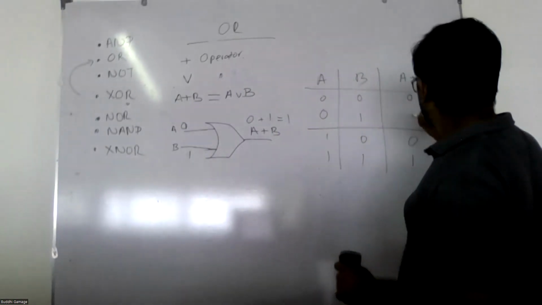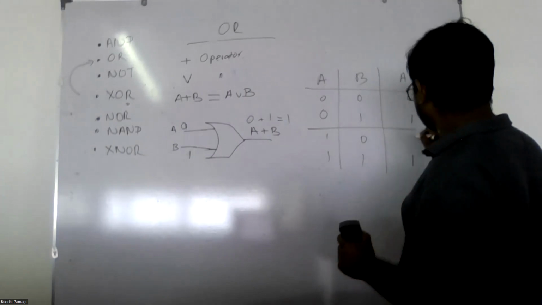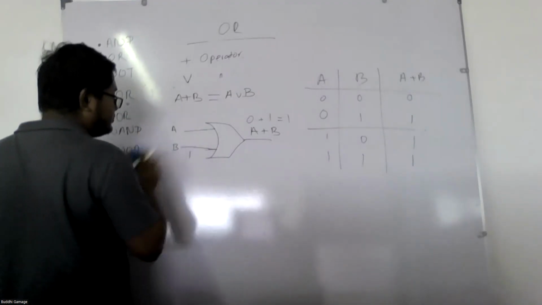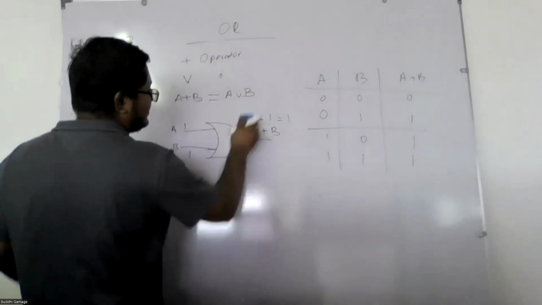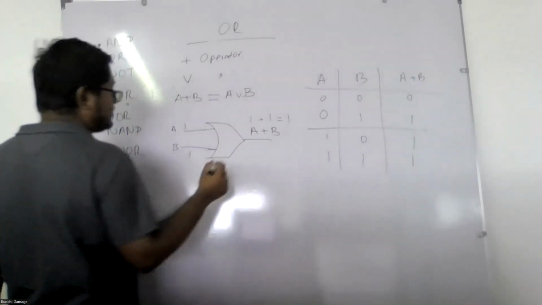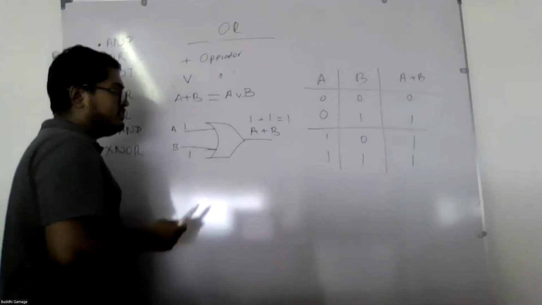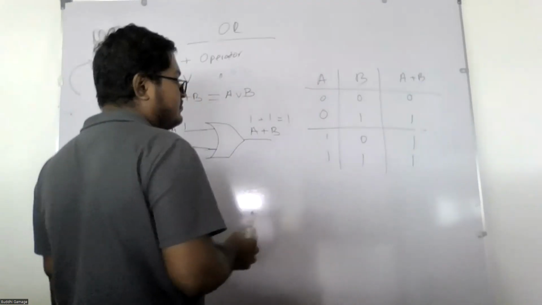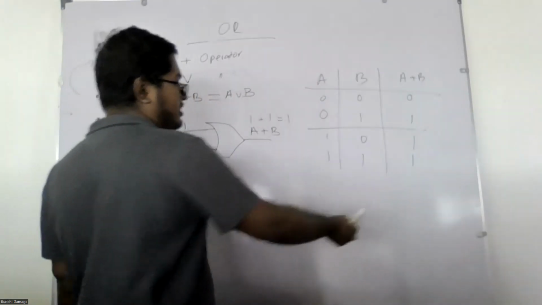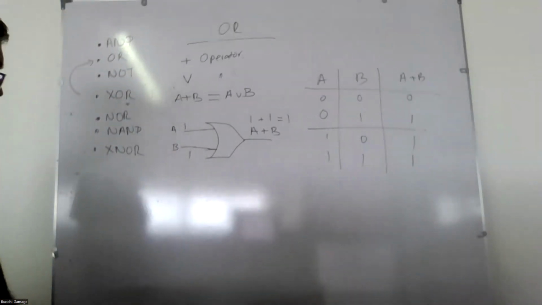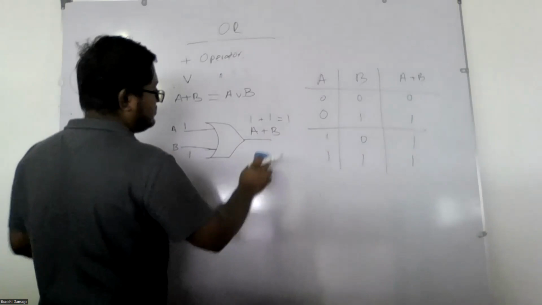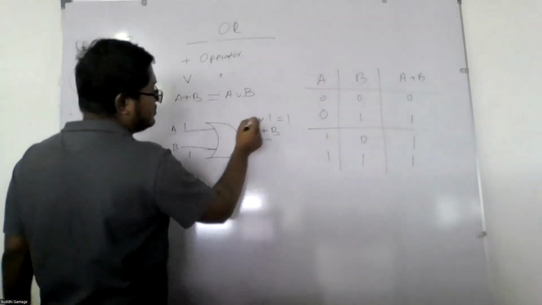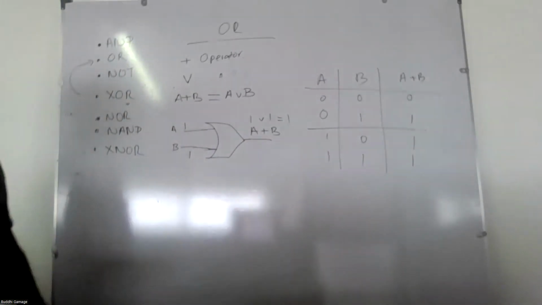It will be 1, and here also 1. And this is the tricky point. Actually, this will not be tricky since you already know. So 1. Here it's not actually 1 plus 1, it's 1 OR 1. So 1 OR 1 is always 1, because both inputs are 1. So it's 1. You can write it in this way as well: 1 OR 1, right?